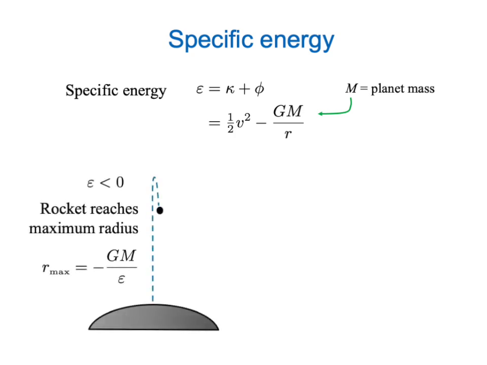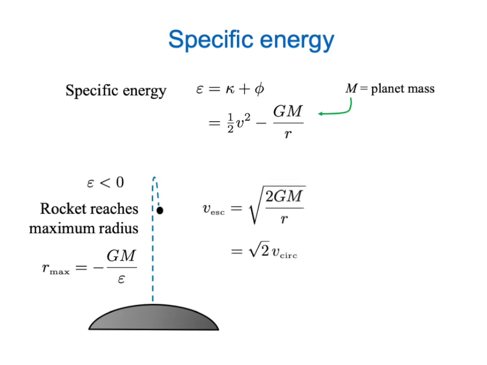For example, we saw how we could use this to figure out the maximum height above the surface, or the maximum radius that a sounding rocket launched vertically would achieve. And that sounding rocket has a total energy which is less than 0. The negative potential energy dominates, and so it can only get to a certain maximum radius from the center of the planet.